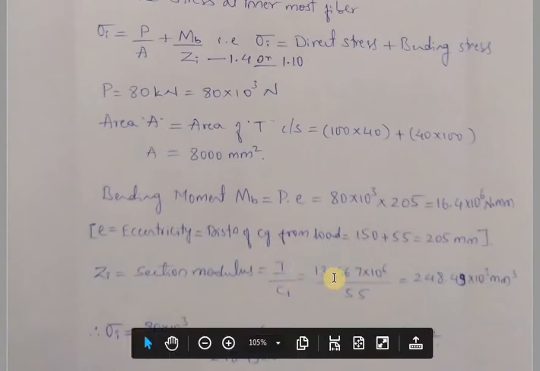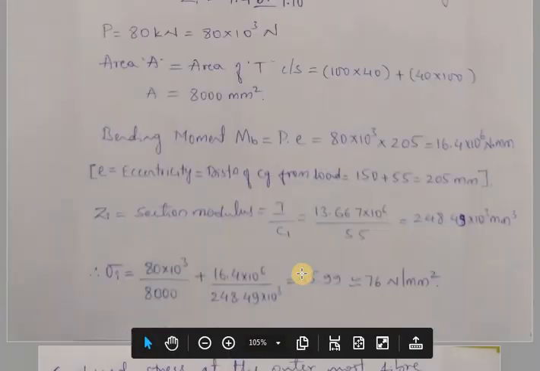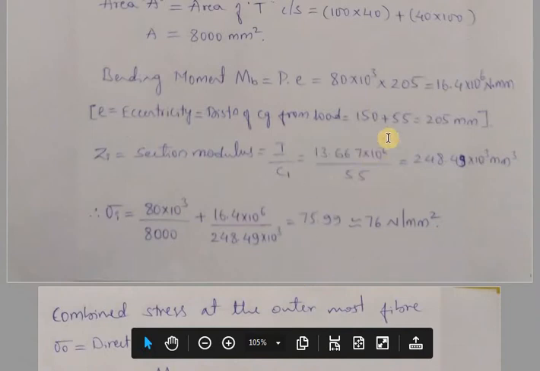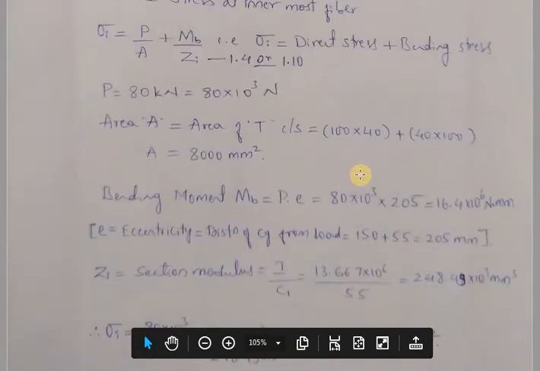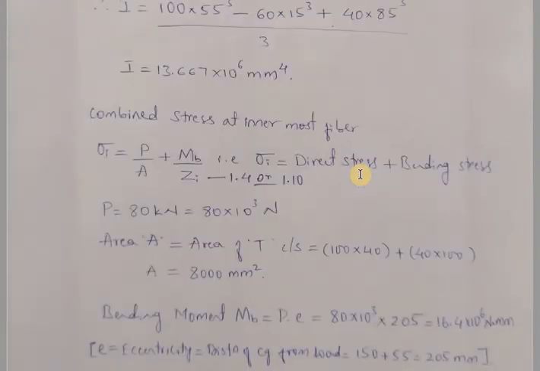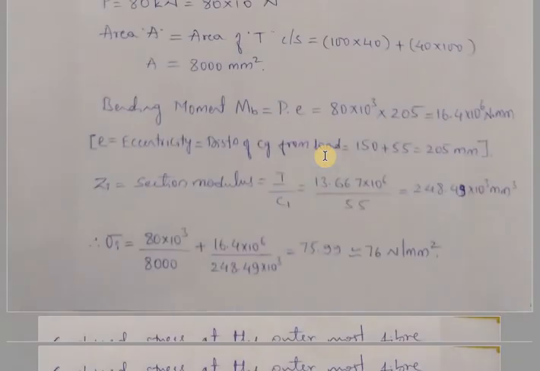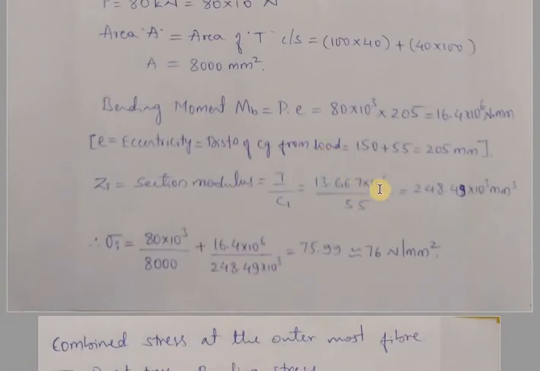The I value we have calculated already, which is 13.667 into 10 raised to 6 mm raised to 4, divided by C1, which is 55. So you will get the section modulus for the inner fiber as 248.49 into 10 raised to 3 mm cube.